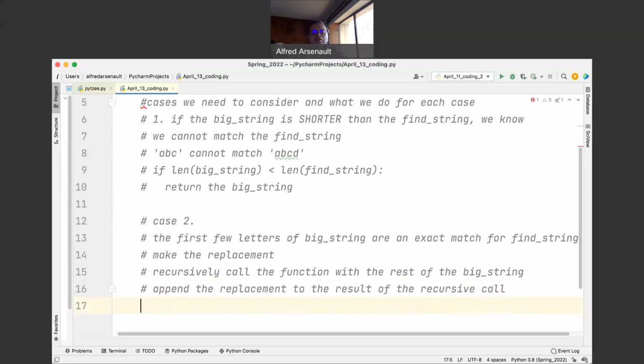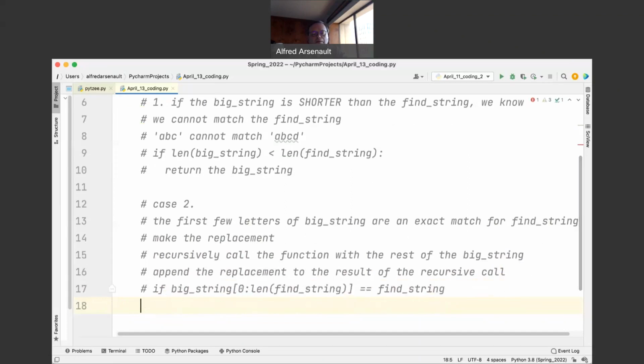Relating to the hints in the assignment, what we're doing is something along the lines of: if big string from 0 to the length of find string is equal to find string, we have a match.